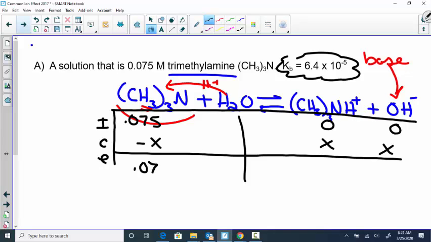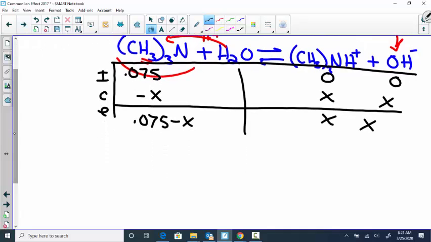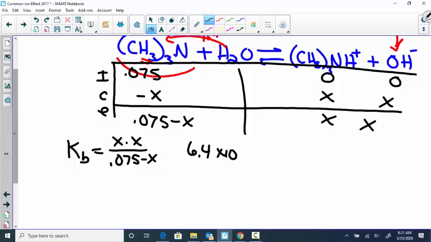So this is going to be 0.075 minus X, X, and X. So this is going to be an equilibrium constant expression where the Kb is going to equal X times X all over 0.075 minus X. And the Kb is 6.4 times 10 to the minus 5th. That's going to basically equal X squared, or X times X, all over 0.075 minus X.